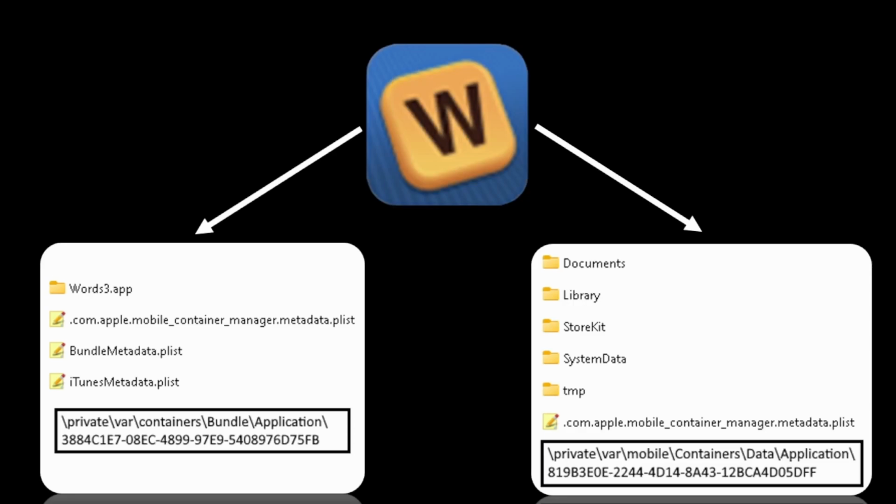Each application has an associated bundle folder and a data folder within the device. The bundles are just folders which contain information used to set up the application. It is essentially the raw application, and this folder is not typically modified after the application is set up.